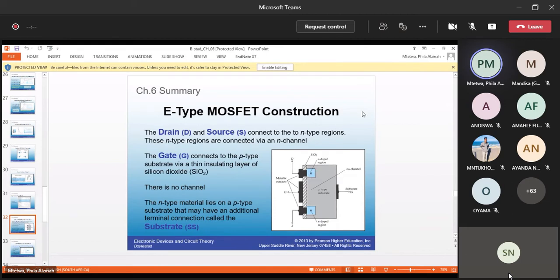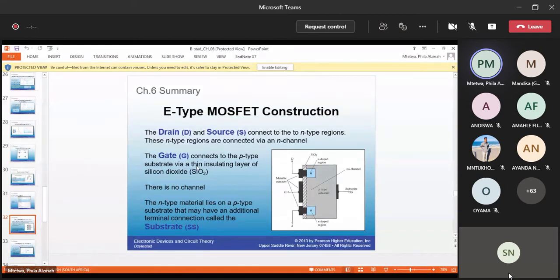So the major difference between the depletion type MOSFET and the enhancement mode MOSFET is that the depletion type MOSFET does have a channel, whereas the enhancement mode MOSFET does not have a pre-existing channel. It gets enhanced. The gate connects to the P-type substrate via a thin insulating layer of silicon dioxide.